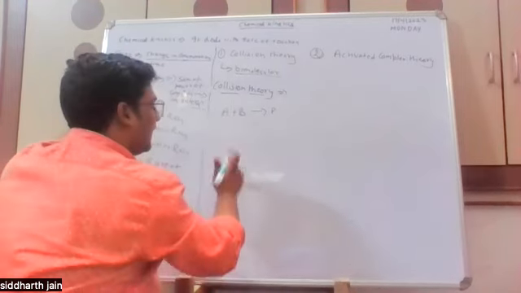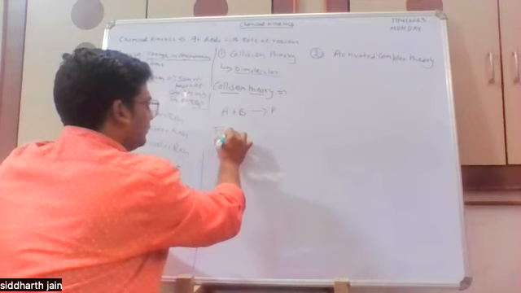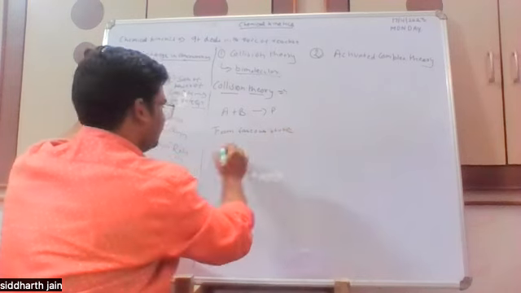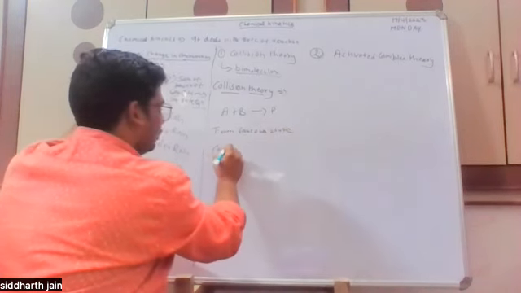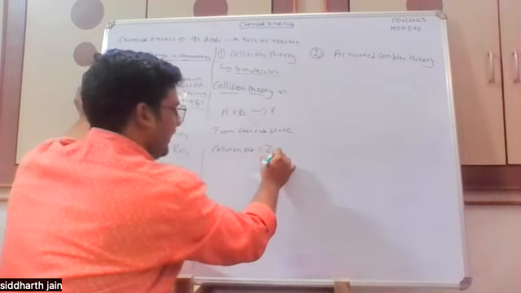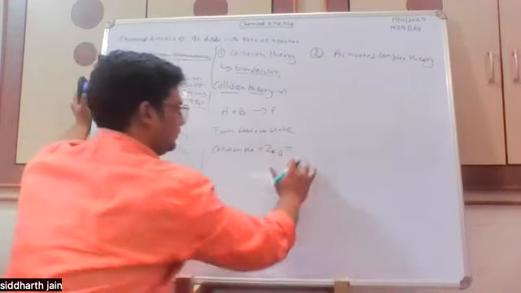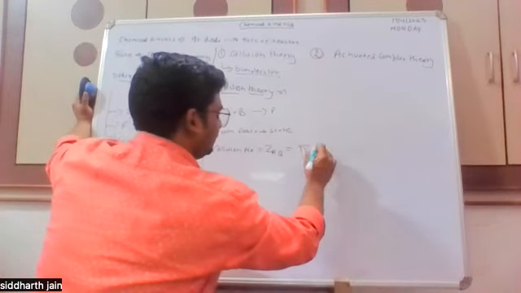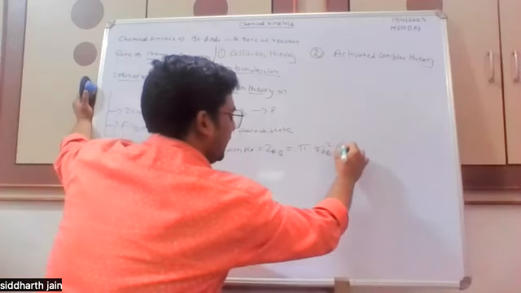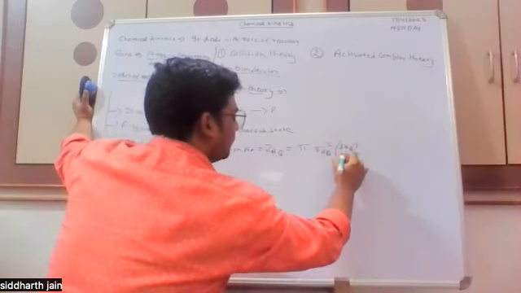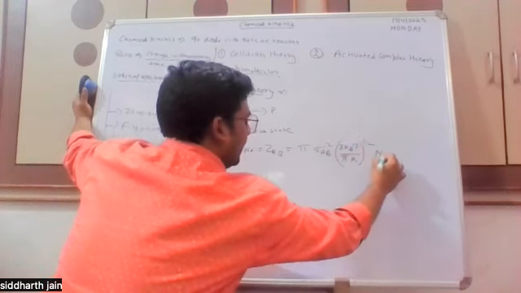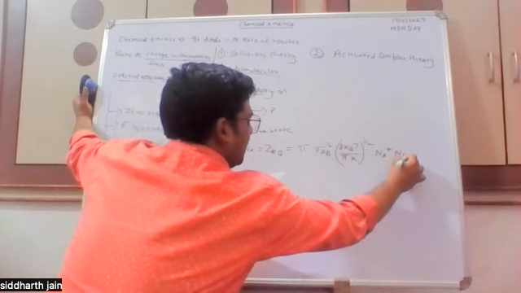So from the gaseous state, we know that collision frequency or collision number, that is ZAB, is given by pi sigma AB square times (8 kBT by pi mu) to the power half times NA star NB star.